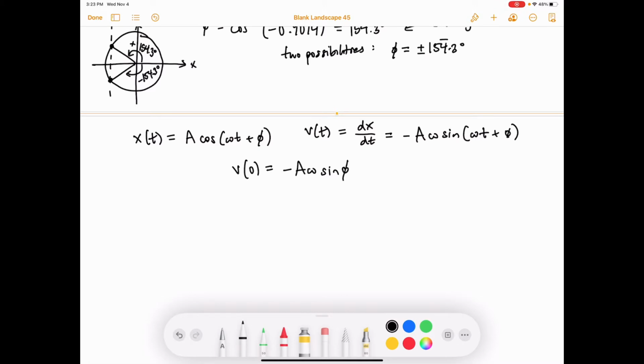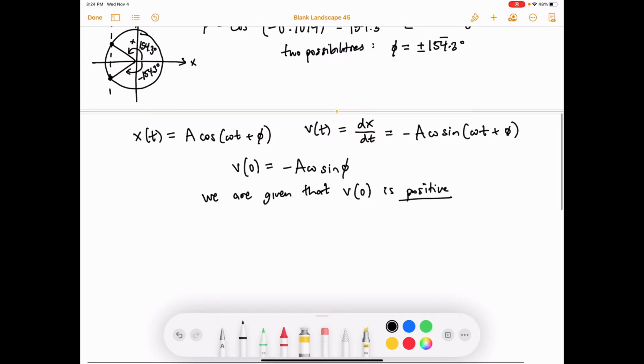So here's the idea. We're given that this initial velocity, the velocity at time 0, is positive. So we need it to work out to a positive number to match the initial conditions we're given.